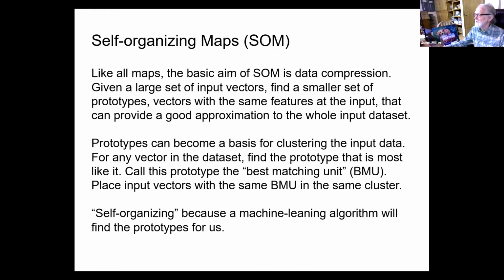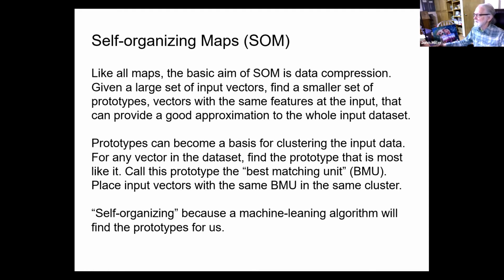This first slide introduces you to self-organizing maps. Maps have a very long history of human use to accomplish data compression. We can look at a map of the United States and visualize immediately where all the states are and even show the capital of the state. So we can throw a lot of information onto a map, and that's the way humans generally like to do data compression.